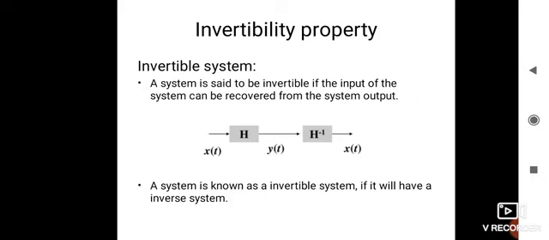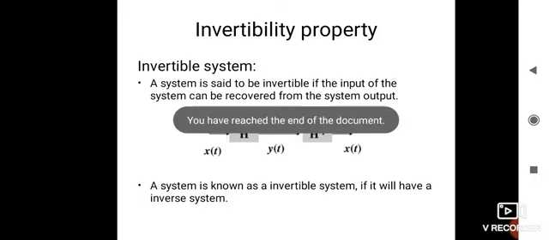The frequency response of an inverse system is the reciprocal of the frequency response of the original invertible system. The first system's transfer function is h and the second one's is h inverse. So these are the properties of the system. Thank you.